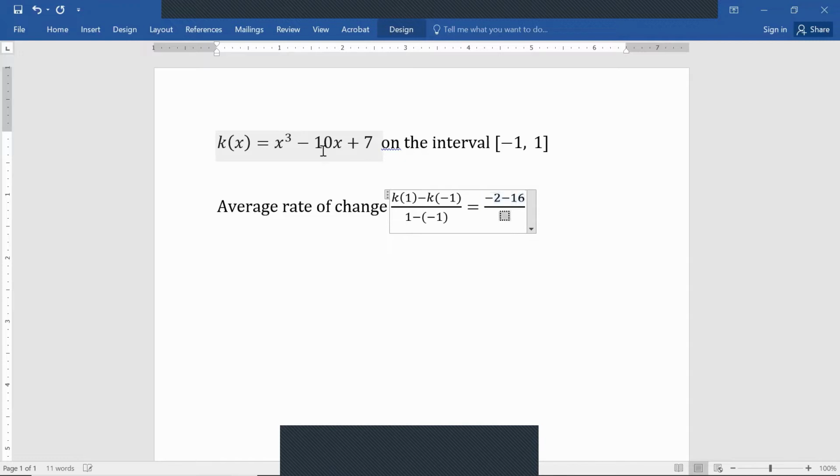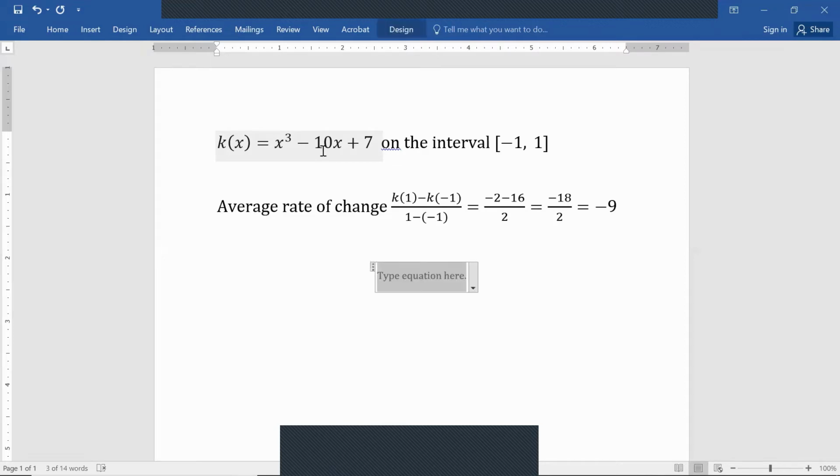So my numerator is -2 minus 16. My denominator is 2. So we get -18 divided by 2, which is -9. So the average rate of change on the closed interval from -1 to +1 is -9.